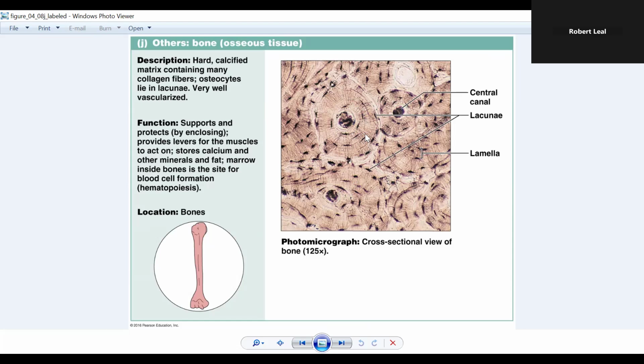And within the bone, you may see slight little lines indicating canals so that the cells can get their oxygen and nutrients through diffusion from the blood vessels going through the central canal. The ring patterns that make up the osteon are referred to as lamella. And again, bone's very well vascular.